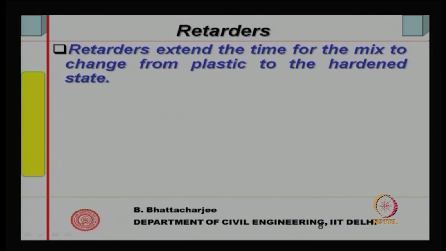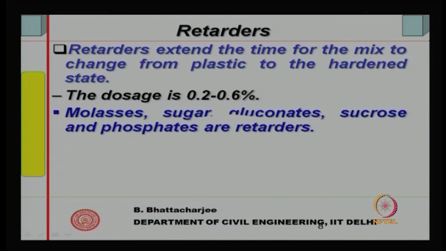So, it requires more time. Typical dosage would be 0.2 to 0.6%, and examples are molasses, sugar, gluconates, sucrose, some phosphates. So, they are the retarders.